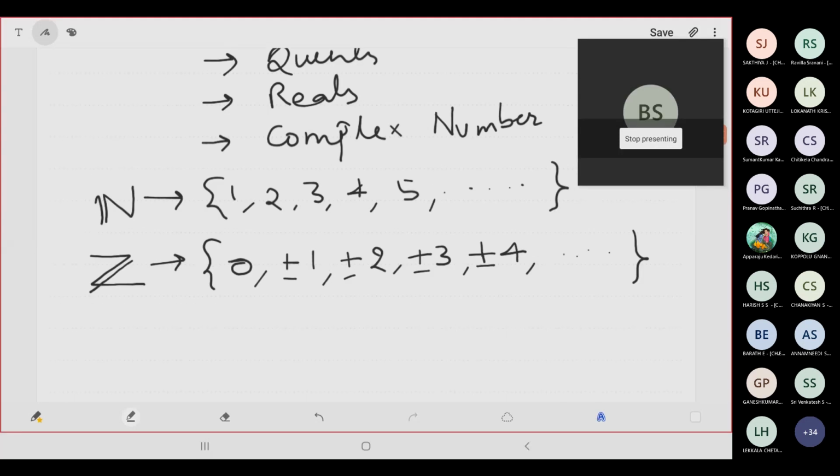Now go to the quotients, that means rationals. Rational numbers are denoted by capital Q in this kind of notation.